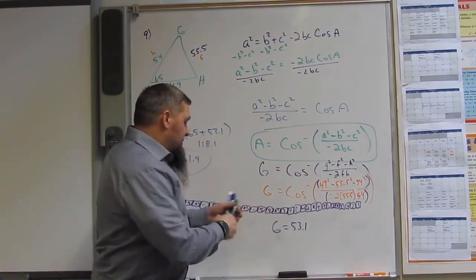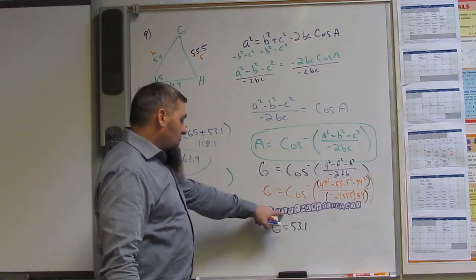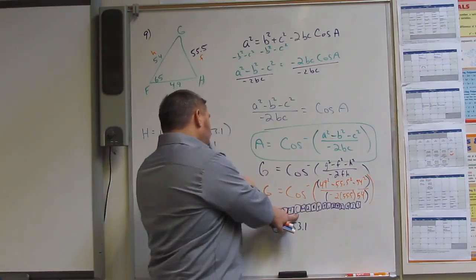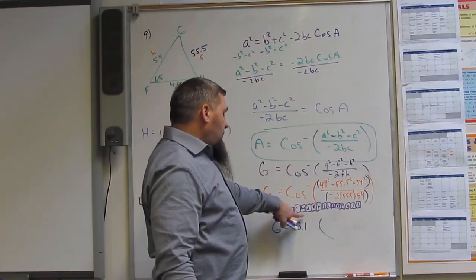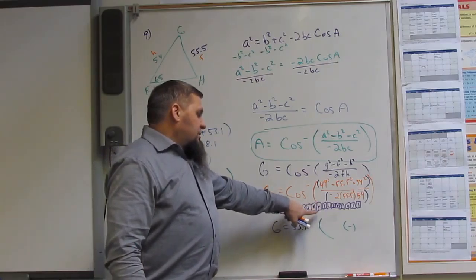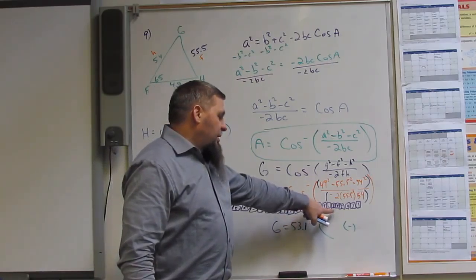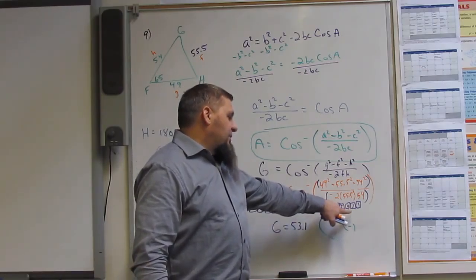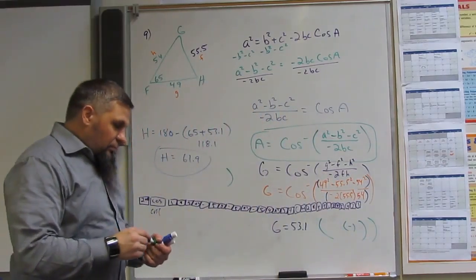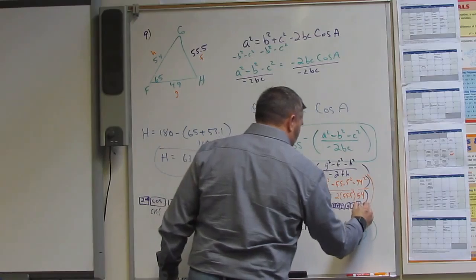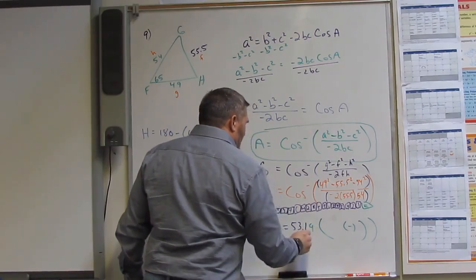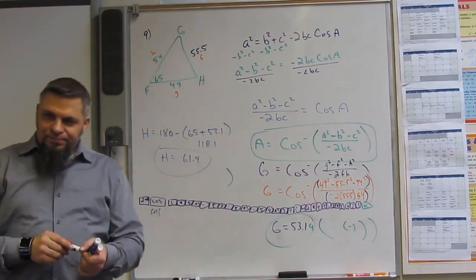The right parentheses, divided by parentheses, the negative, 2 times 55.5 times 54, and then right parentheses, right parentheses. And then hit equals, and you should get 53.14, which comes out to be 53.1.